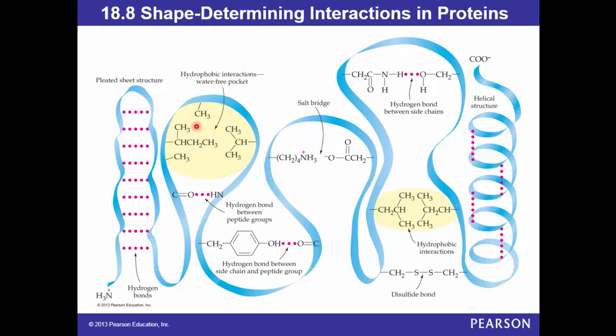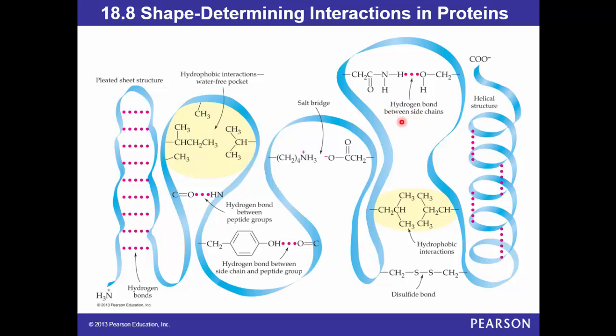Here we have hydrophobic interactions, a water-free pocket. Notice that these are the R groups of non-polar amino acids, whereas this is the OH of the amino acid tyrosine, and this is the CO of aspartate. Here we have again a hydrophobic interaction between two valines.